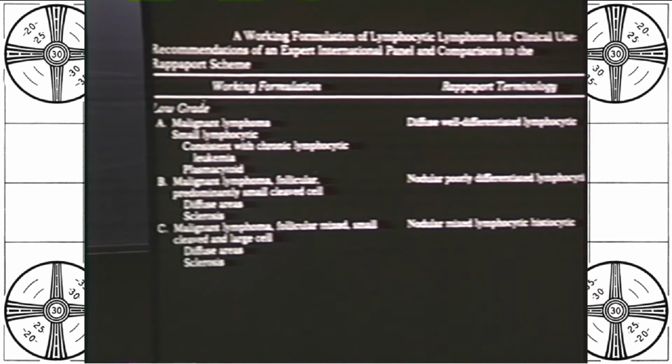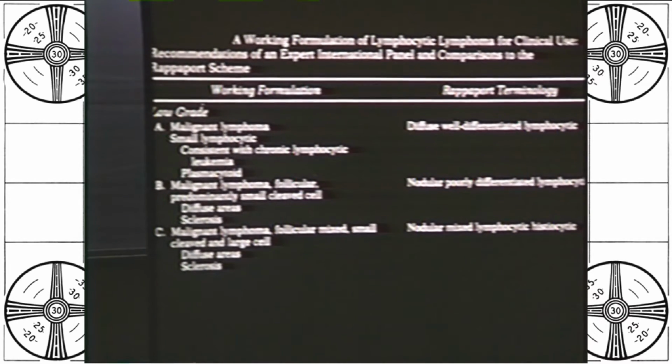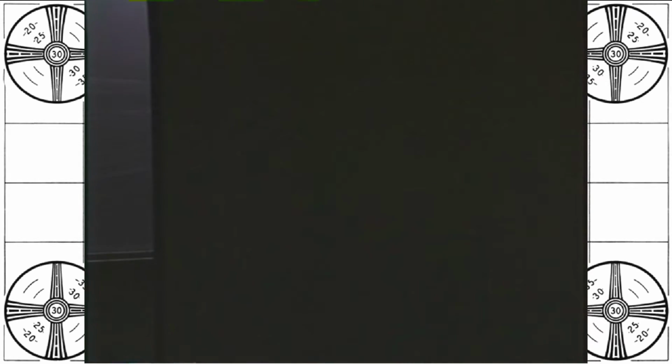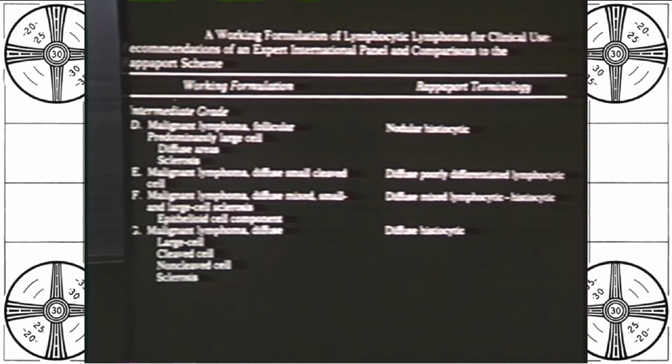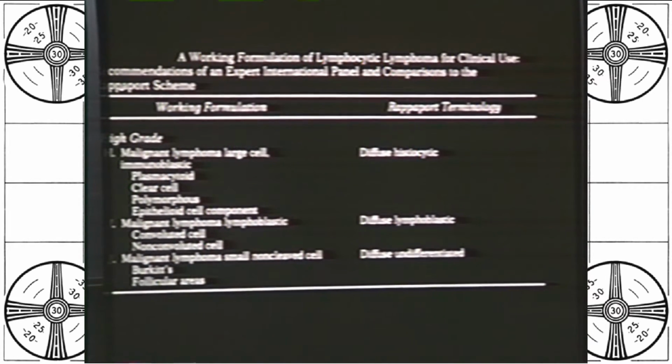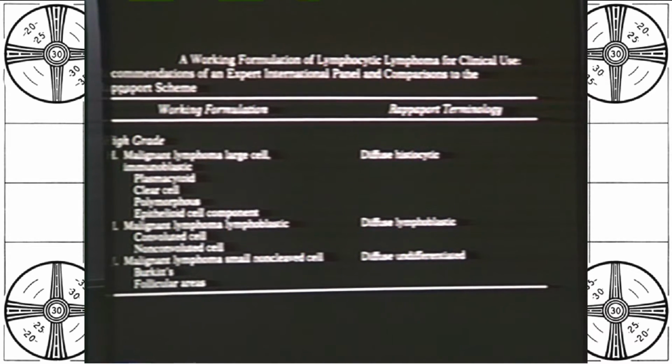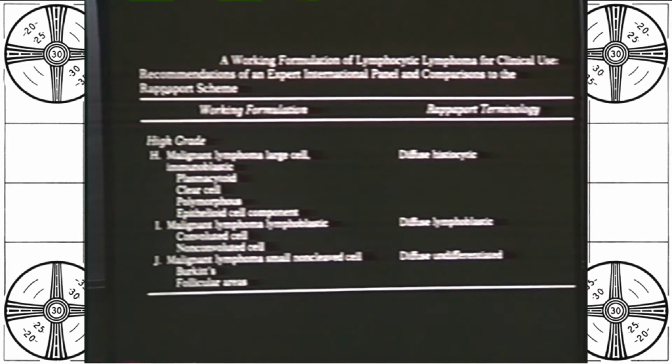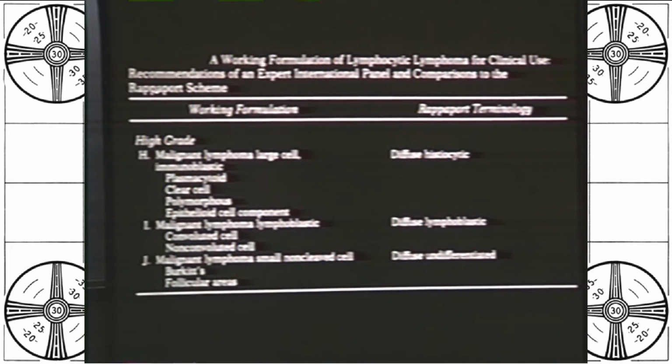They basically divided lymphomas into 3 categories: low-grade lymphomas, intermediate grade lymphomas, and high grade lymphomas. And I want you to memorize each one of them. Now, just kidding. Actually, we're going to make it more simple. We're going to make them 2 big groups of lymphoma.